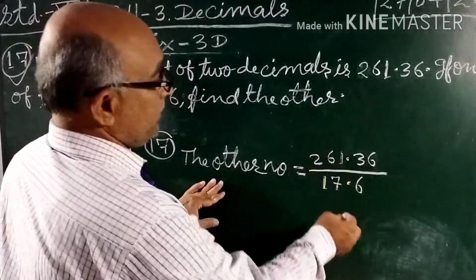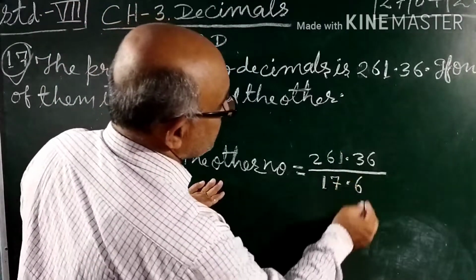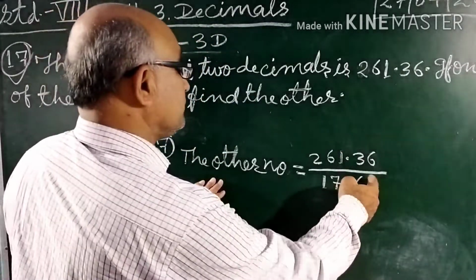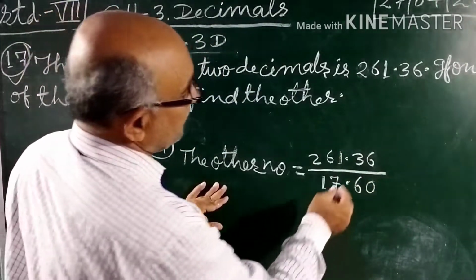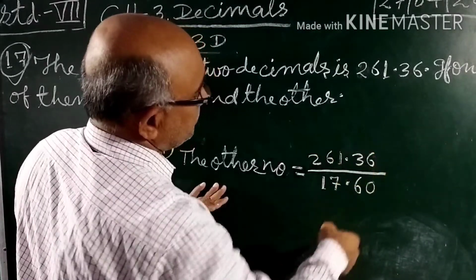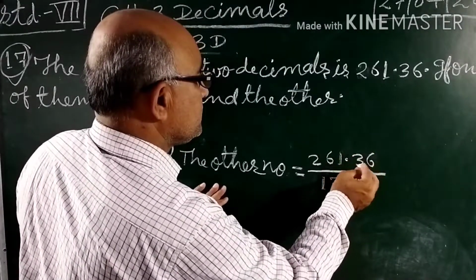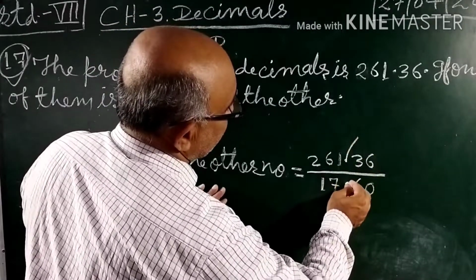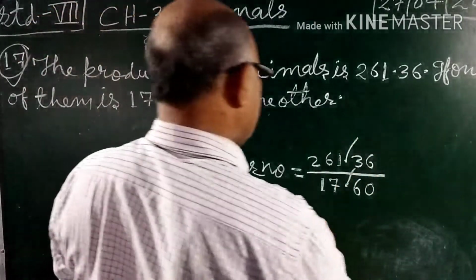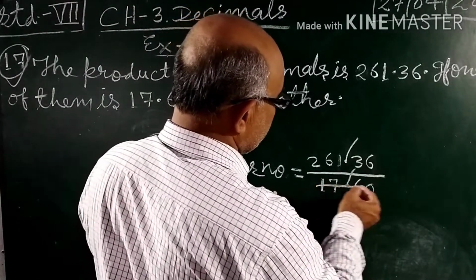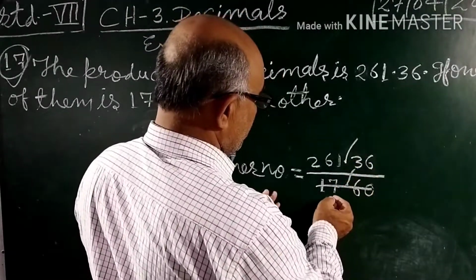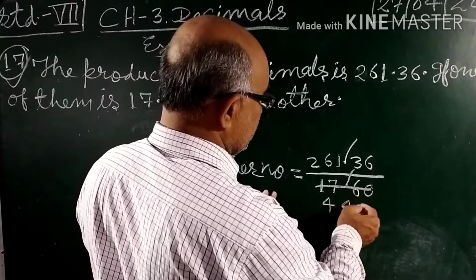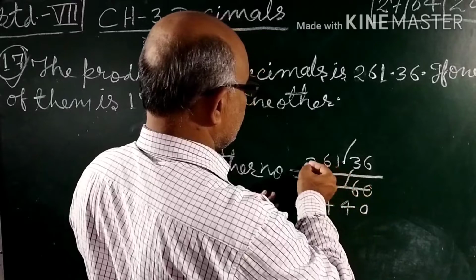17.6. First of all, change the denominator into like decimals, so write 0 here. Both decimals have the same decimal places, so the decimals are cancelled. Now cancel by 4 times. 4 fours are 16.